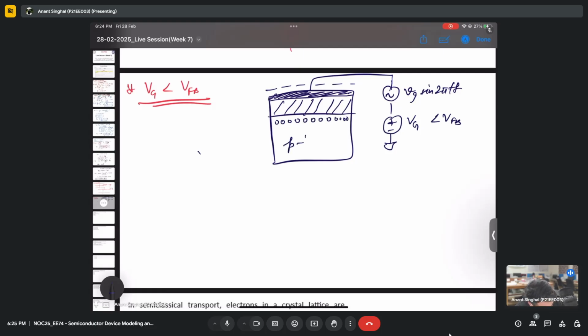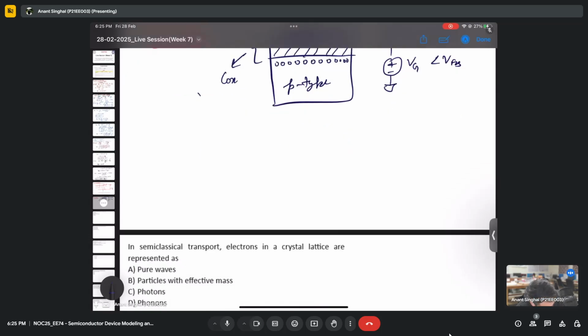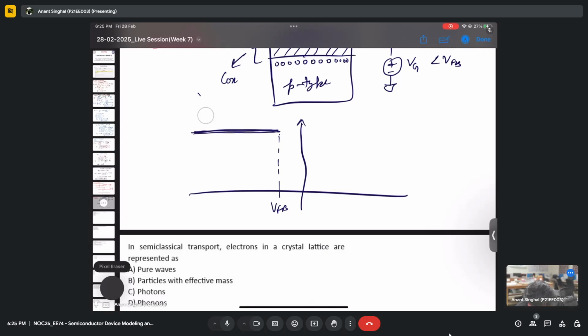This was P type. This is nothing but COX, the parallel plate capacitor. So for the accumulation mode, in the CV, until VFB, because we are going less than VFB, we still have COX. So this is the accumulation region.